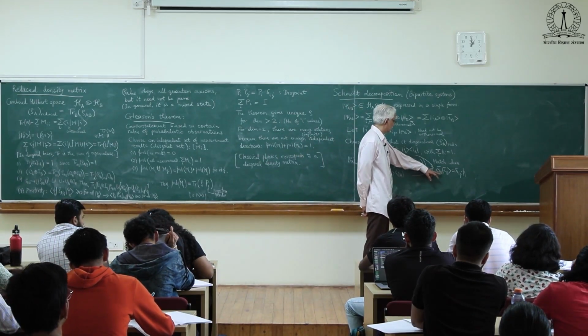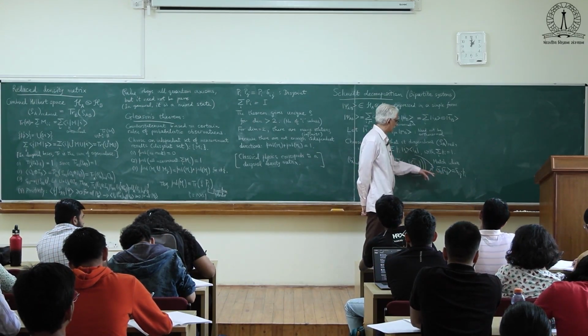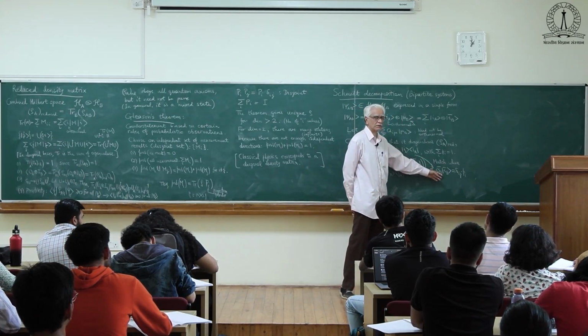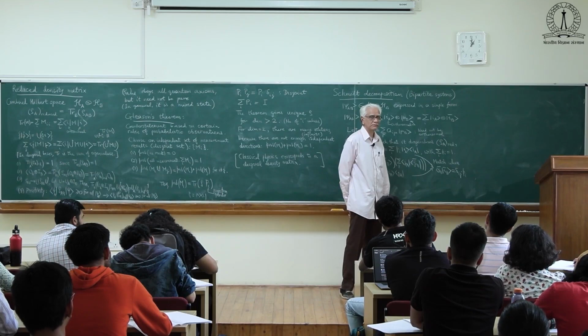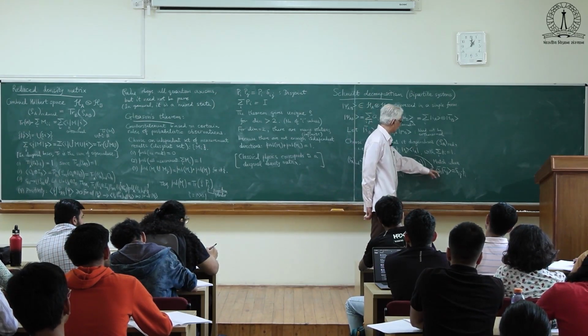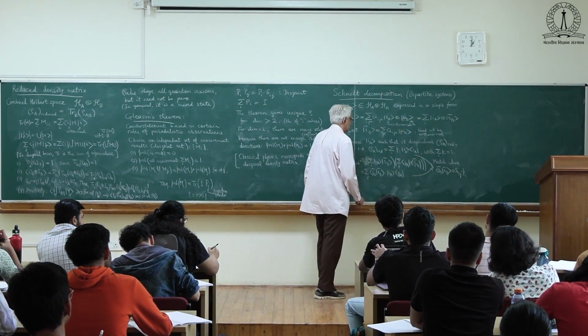And this tells you that J bar and I bar, even if you didn't assume anything, are already orthogonal. And on top of that, I can absorb this normalization.